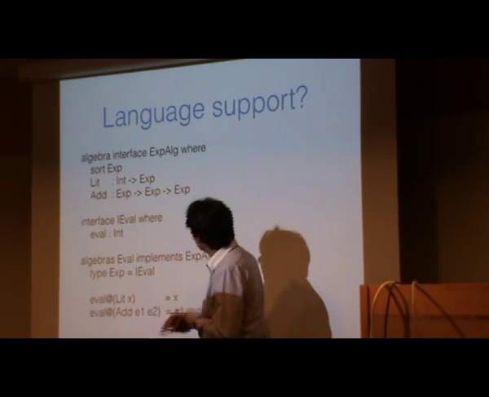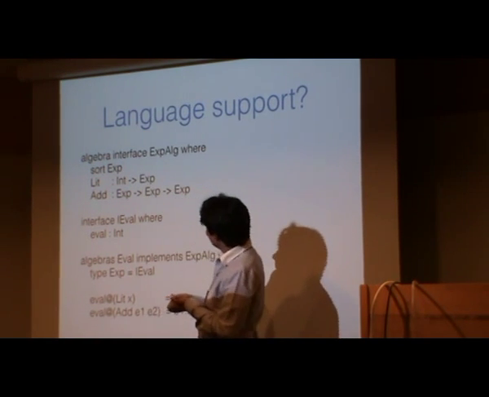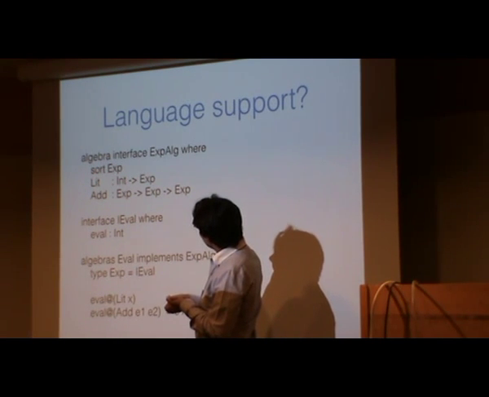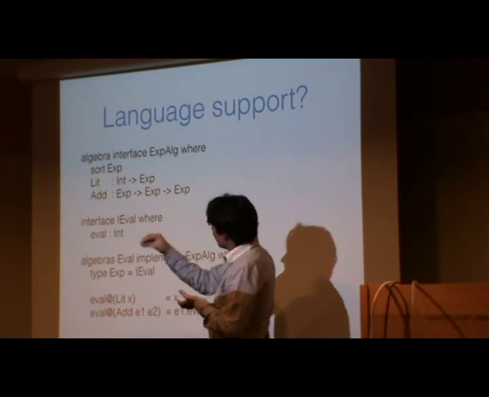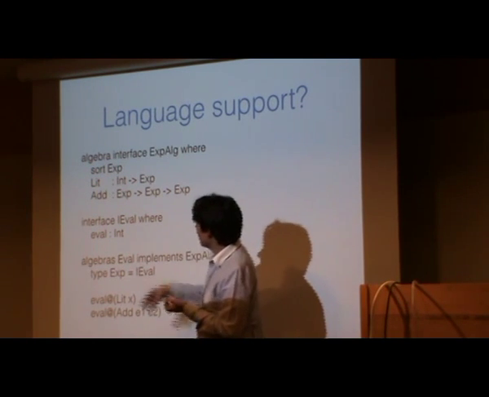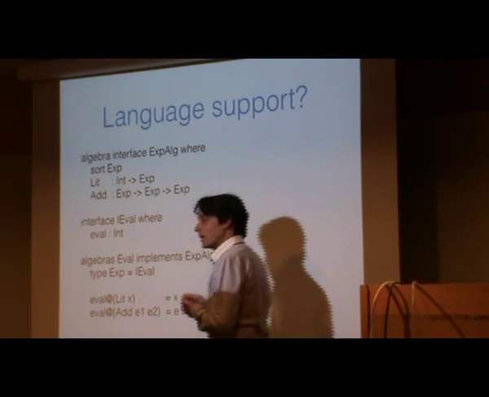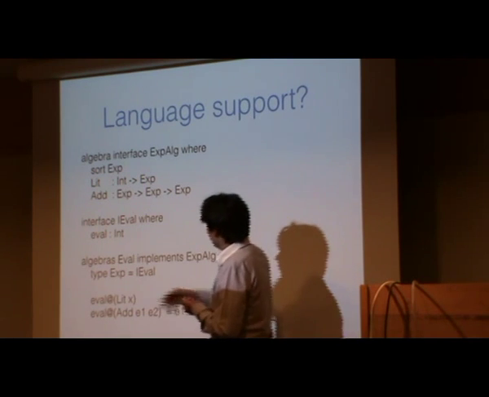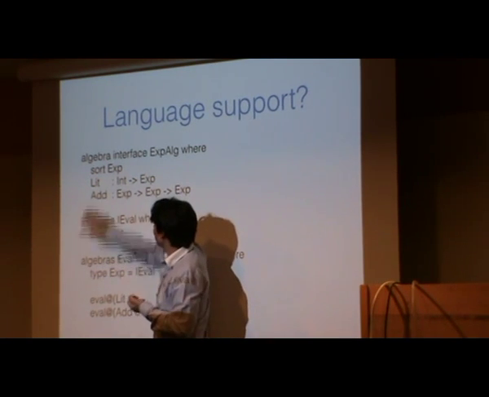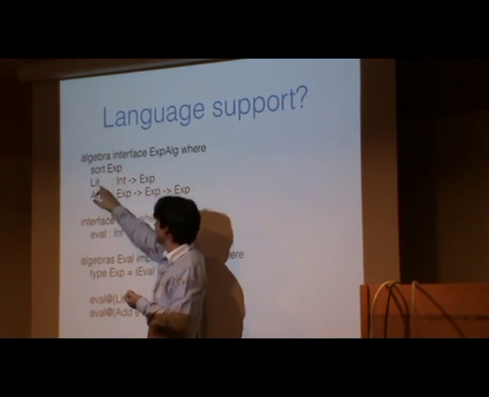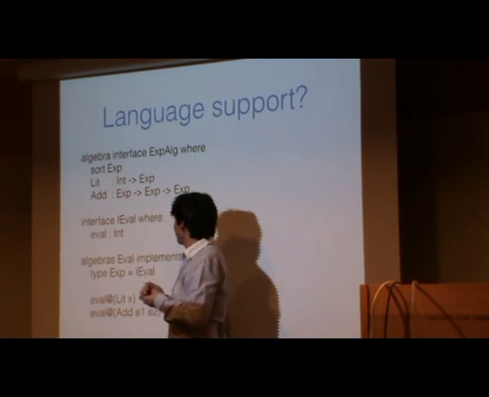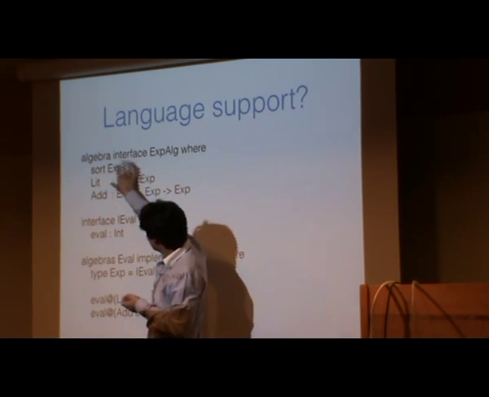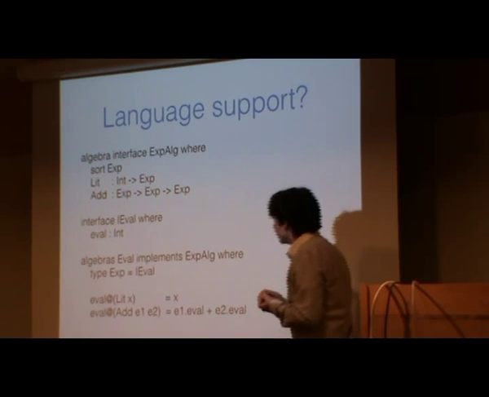So, for example, here the idea is that you are creating an algebra interface, and when you talk about algebras, you have sorts, which are the abstract types that you need to talk about. So if you're trying to create a data type of expressions, maybe you need a sort for expressions, and then you have literals and addition that you express in terms of these sorts.